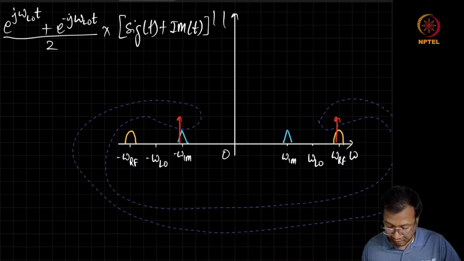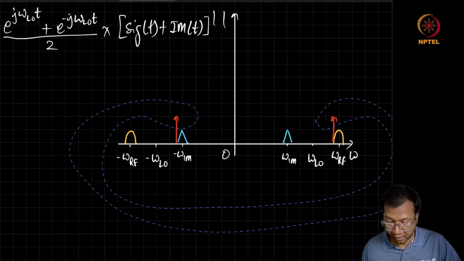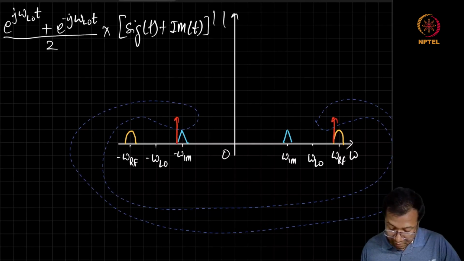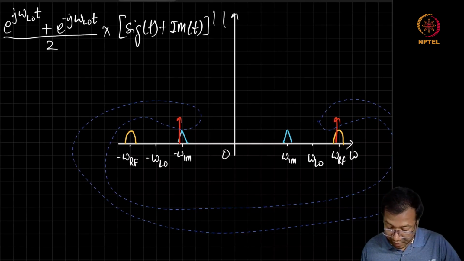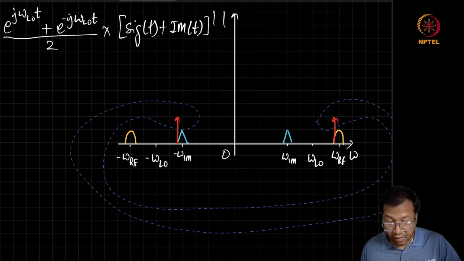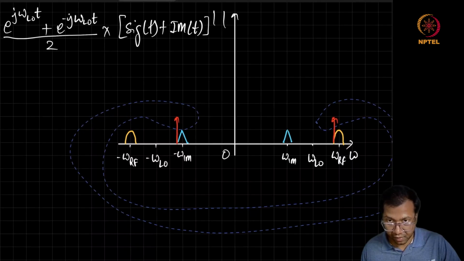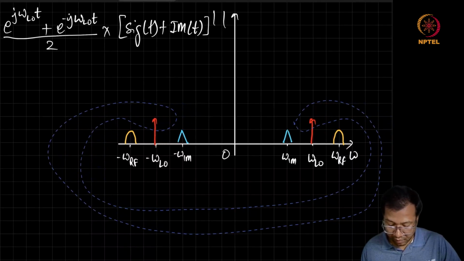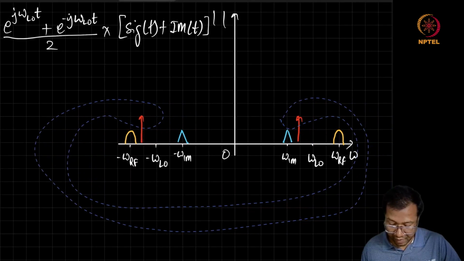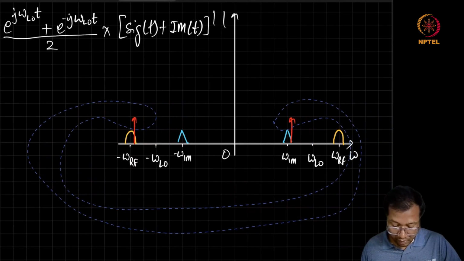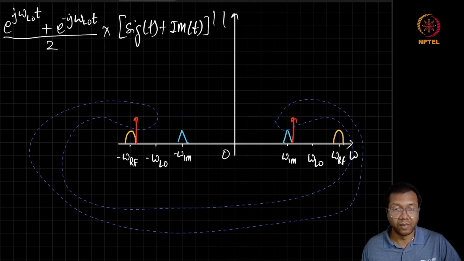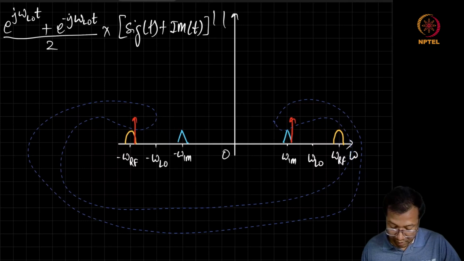If we are moving on the right side, it is going to convolve with the positive signal component and the negative frequency side of the image signal. Whereas when we move on the left side, it is going to bring down the signal component at minus omega RF and the image component at omega IM.